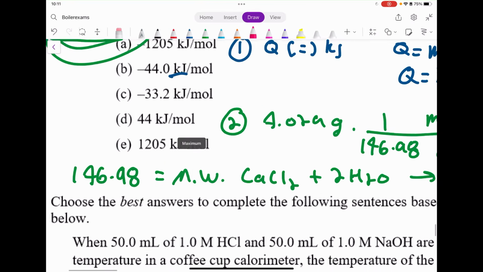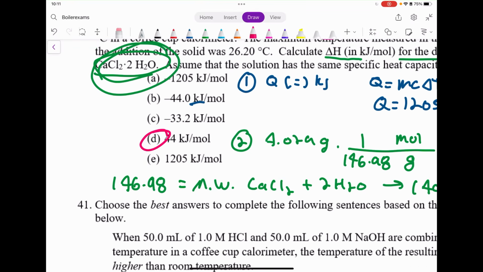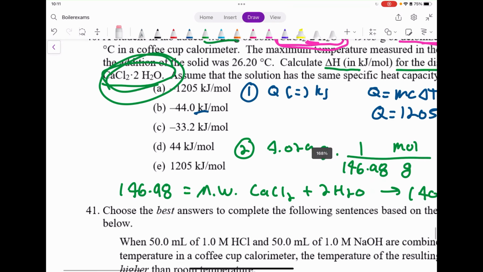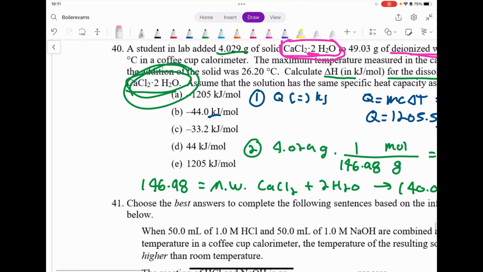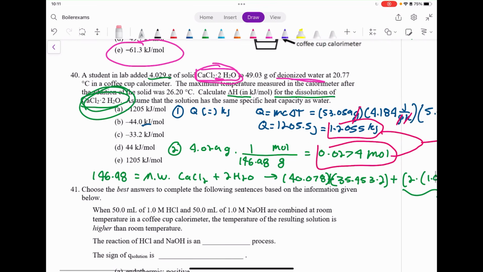And that looks like D. Oh, wait, hold on. We should actually care about the sign. So that could be B or D. And we want the delta H of this dissolution process. We know initially the temperature is 20-ish, and it's finally at 26.2.